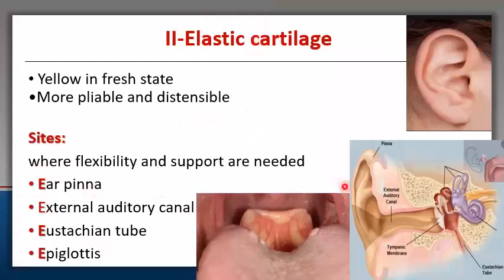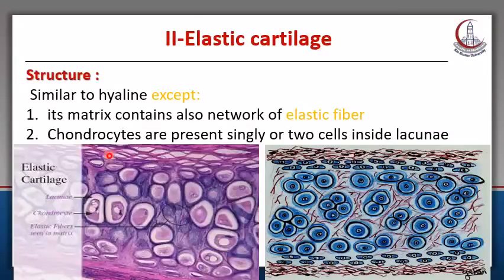All these sites need flexibility, so they contain a type of cartilage that is rich in elastic fibers. The structure of elastic cartilage is similar to hyaline cartilage, except the matrix contains a network of elastic fibers. That's why it appears yellow in the fresh state, because elastic fibers appear yellow in fresh state.